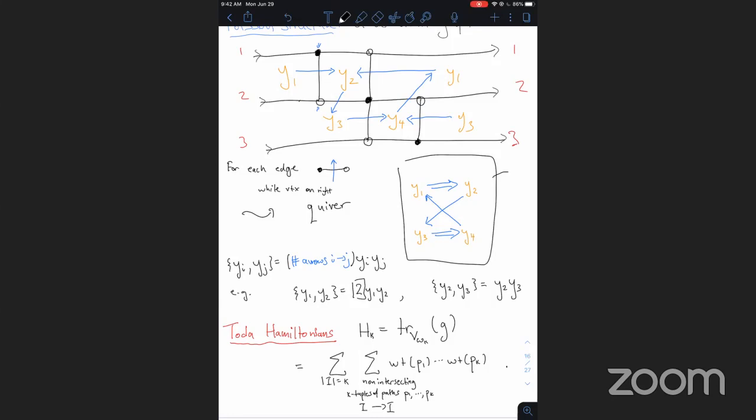So to get that, we're supposed to sum over all paths that begin at one of the 3 vertices on the left and end at the same vertex on the right. So we sum over all vertices i, and then over all paths connecting i to i, weighted in the usual way.